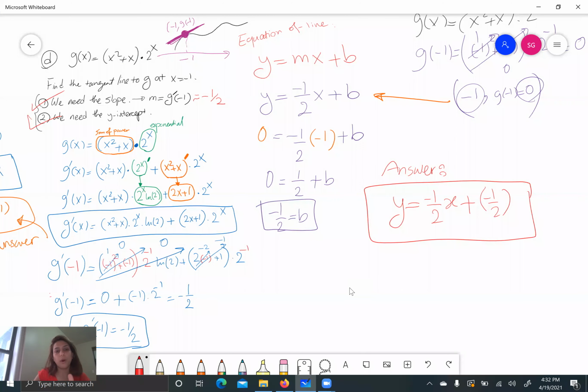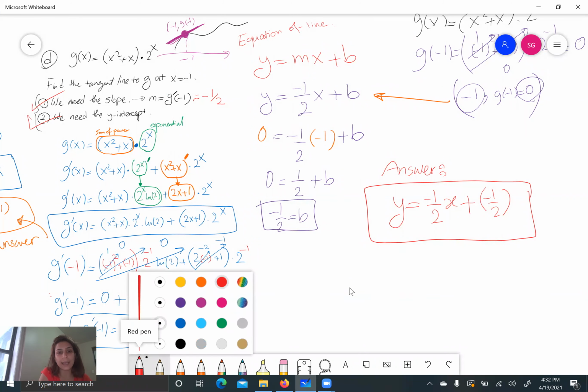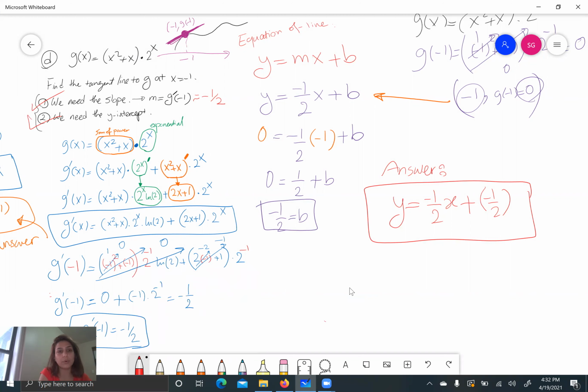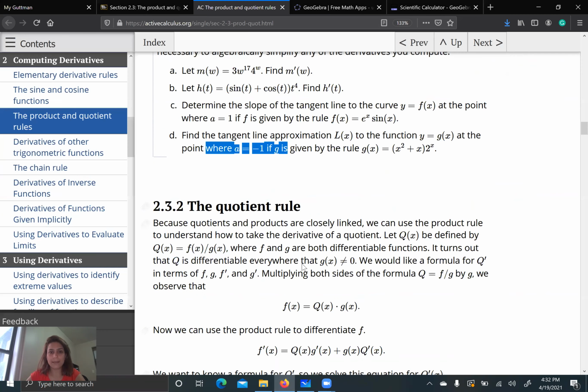The only new part was the steps where we needed to apply the product rule in order to take the derivative. Just that part was new, but otherwise you have seen questions like this in the past.